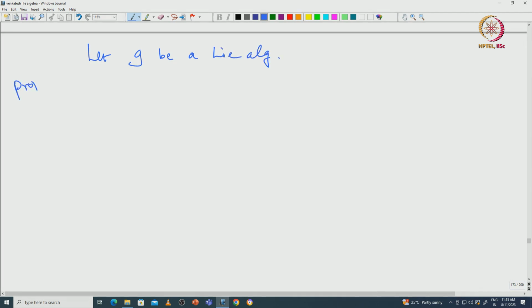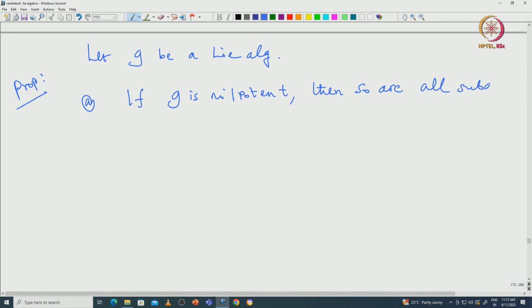Here is the proposition. The first statement: if G is nilpotent, then all its subalgebras and homomorphic images are nilpotent.